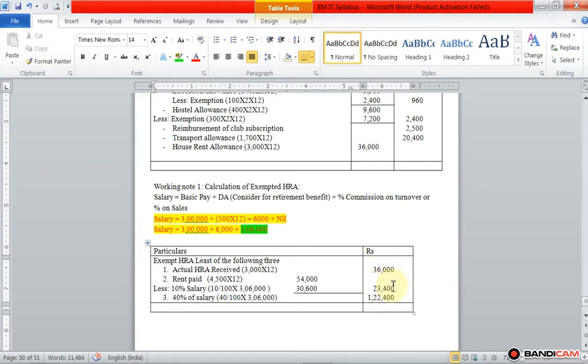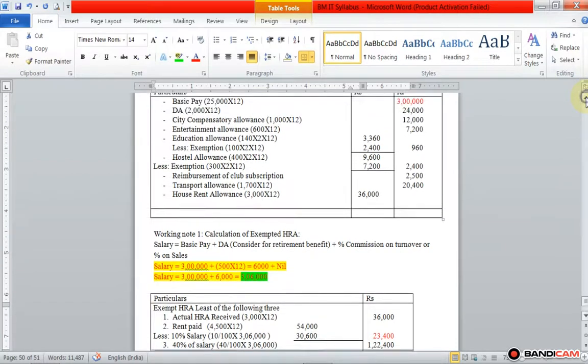So here the least value is rupees 23,400, and that 23,400 is the exempted HRA. Got it? So deduct this value from the HRA received.